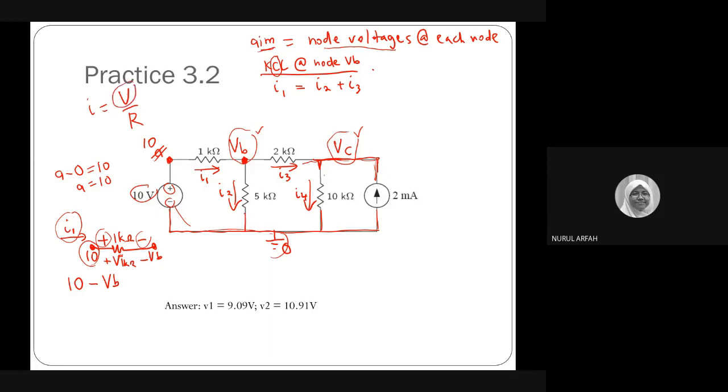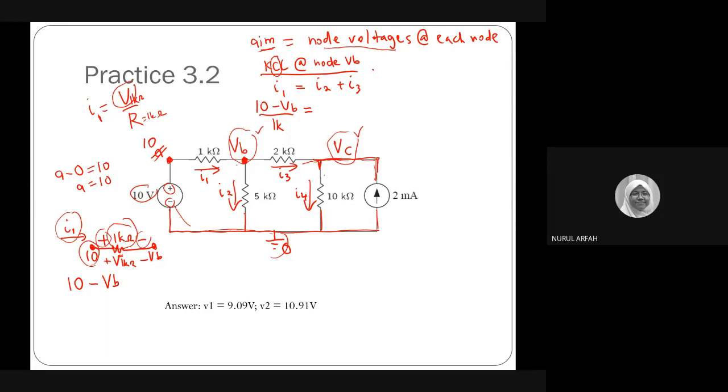So the V, you already know, is the voltage across the 1 kilo ohm, and R is 1 kilo ohm. Apply this into your equation here, and you will have 10 minus VB divided by 1 kilo, this is number 1, equal to I2.